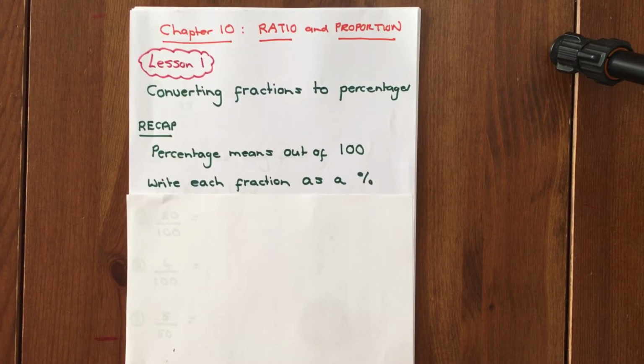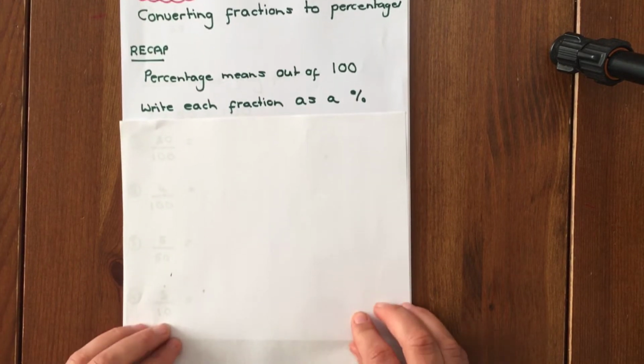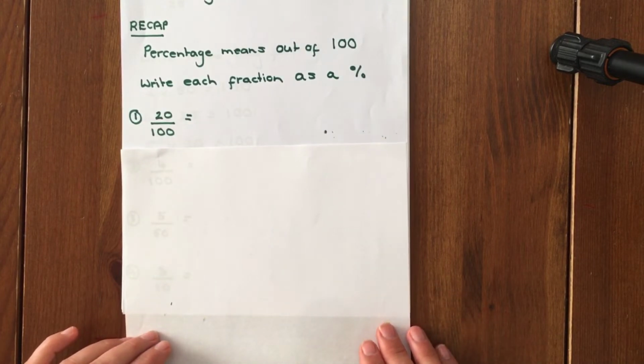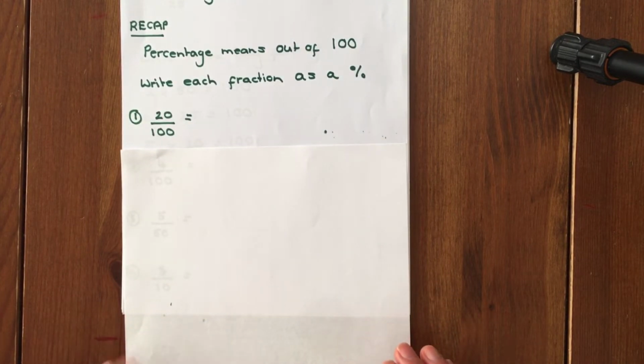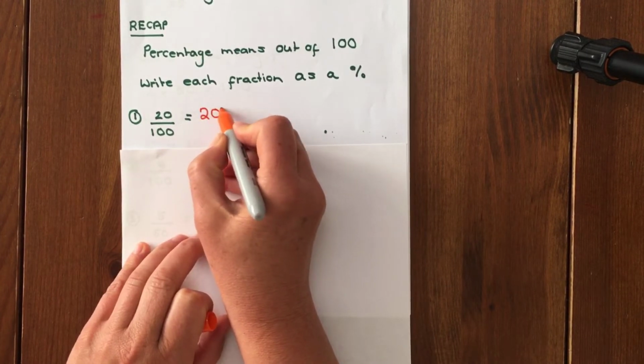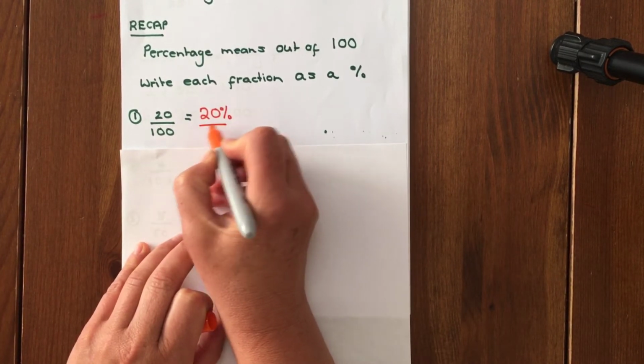So what we're going to look at, and we have done this before, this is just a recap, okay? We're going to look at changing fractions, for example, 20 out of 100 to a percentage. Well, we all know that 20 out of 100, because it's out of 100, this just means 20%.